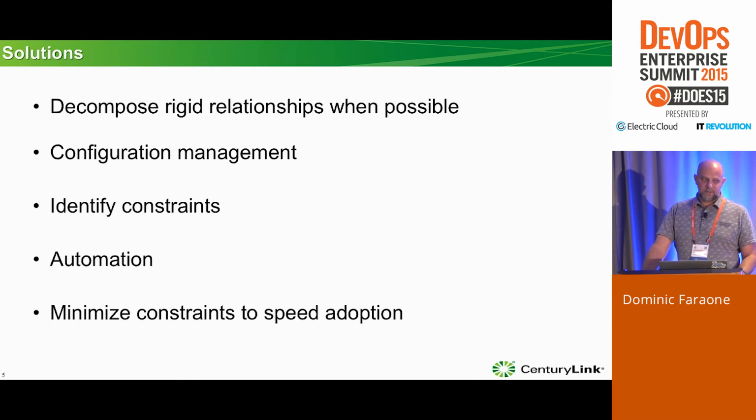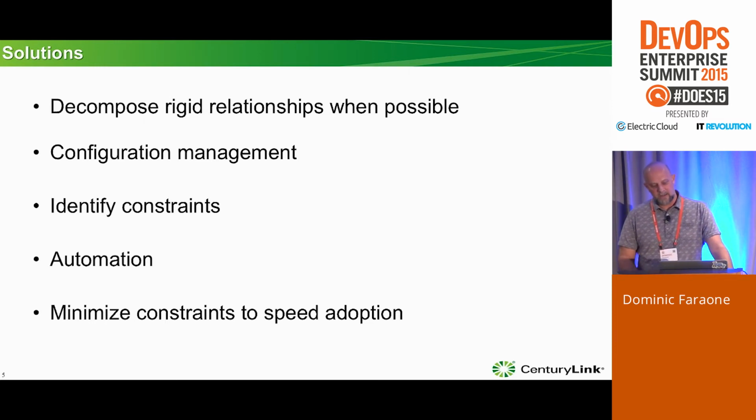One of the big ones was identifying what the constraints are, what is the real constraint. In legacy environments, pretty much everywhere, you will hear, because that's the way we've always done it, and that made me pull my hair out.